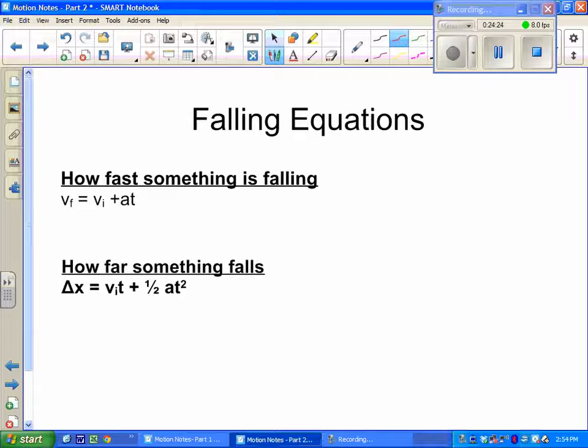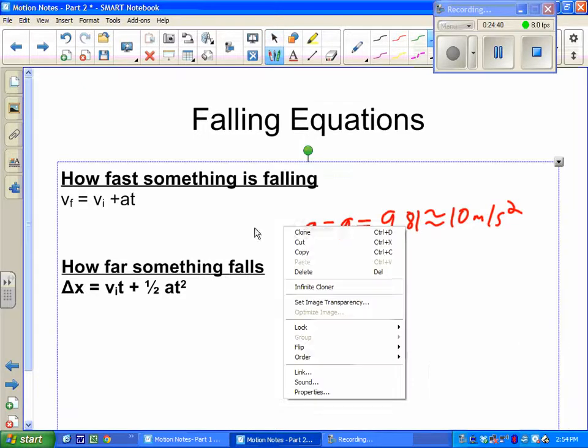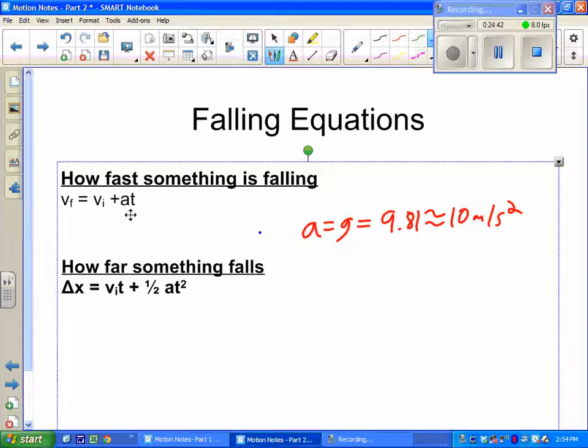There's also something else we know. We know that acceleration is caused by gravity. And on Earth, it is 9.81, which is approximately 10. So we can plug this value into our A's.